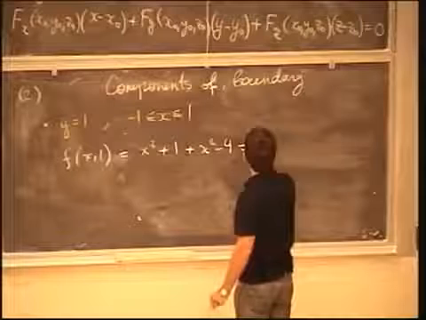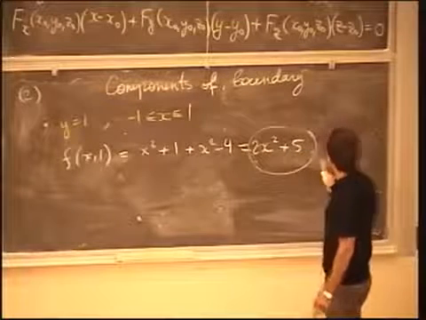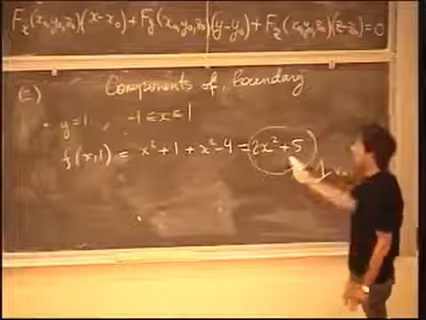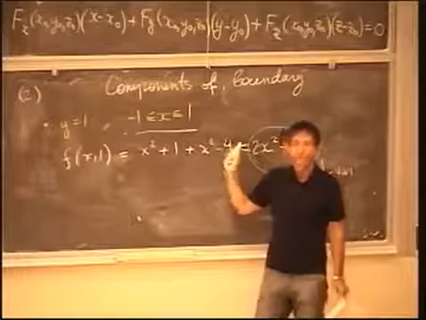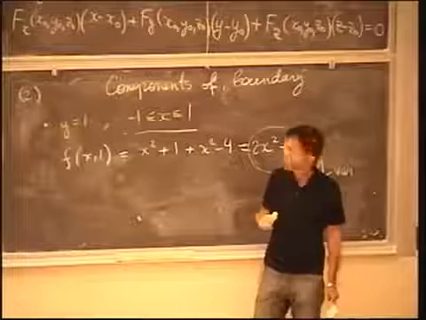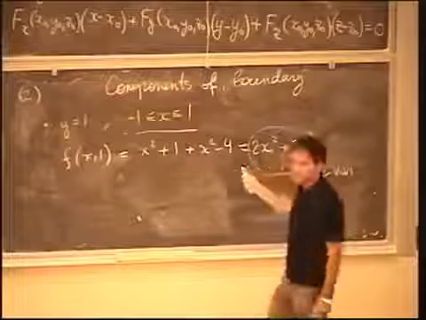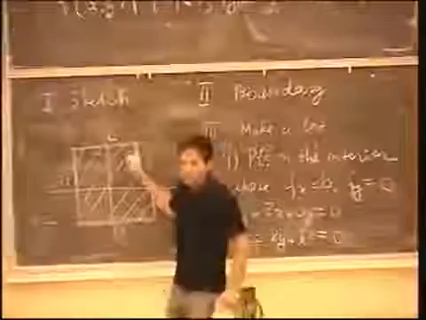So that's 2x squared plus 5. Right? I got a function in one variable on this interval. Find the absolute maximum of this function on that interval. Okay? And then the same for each other component.